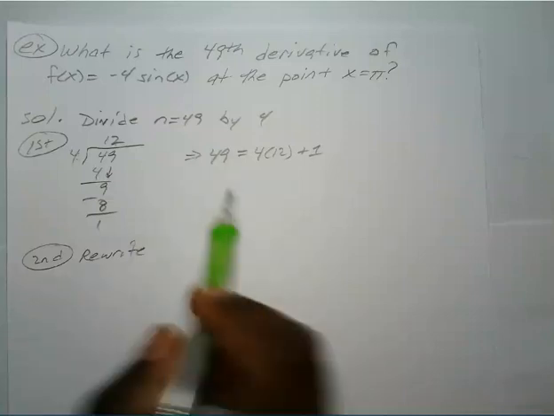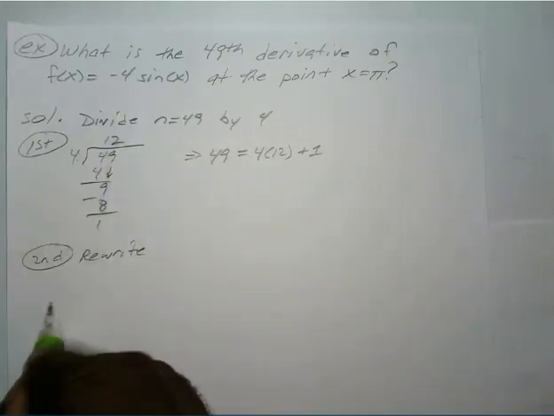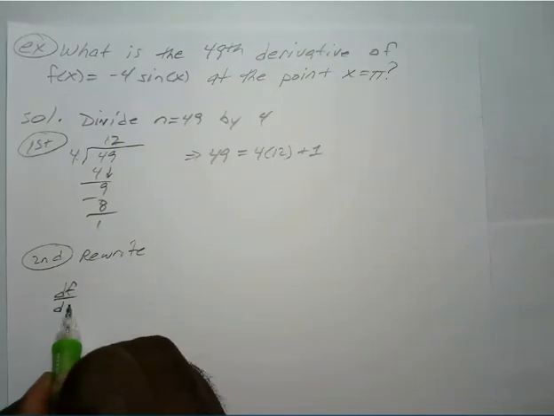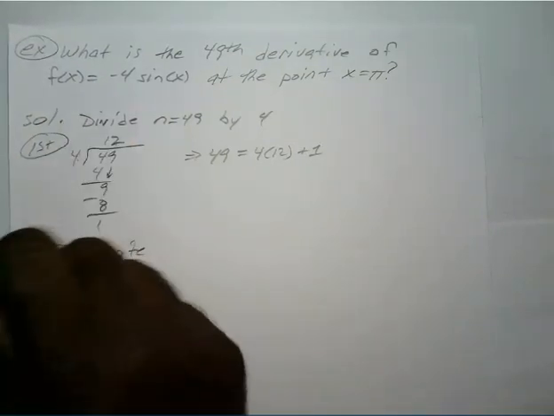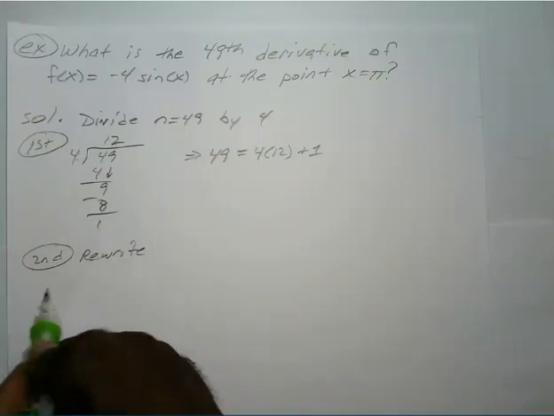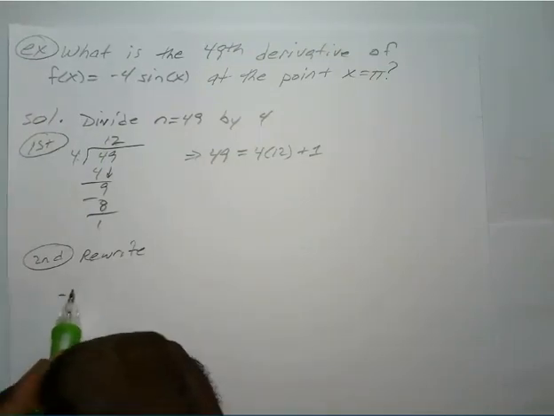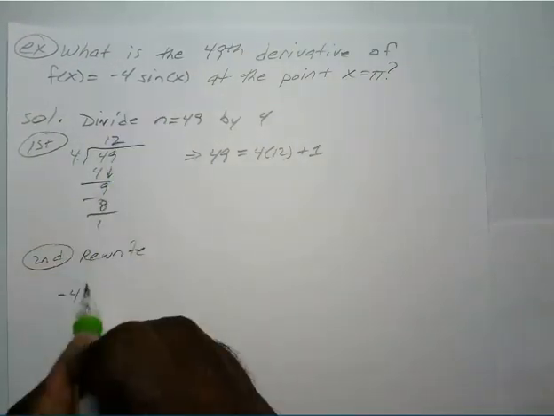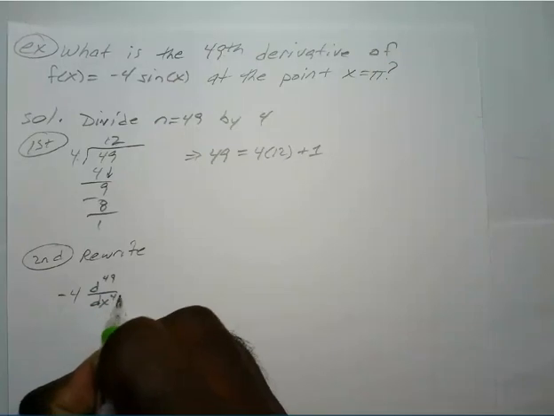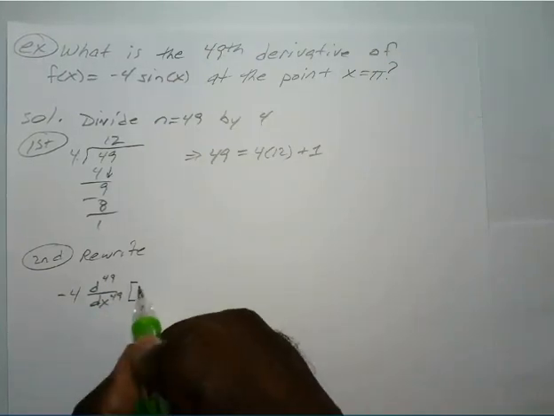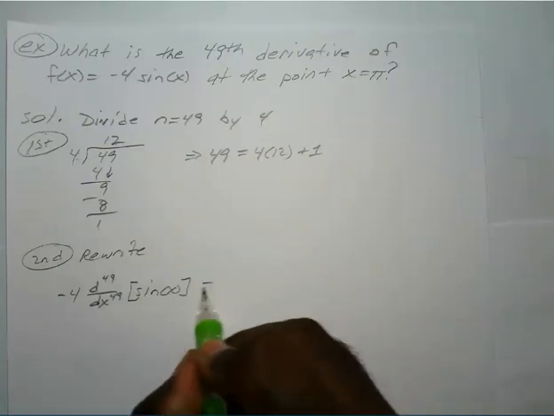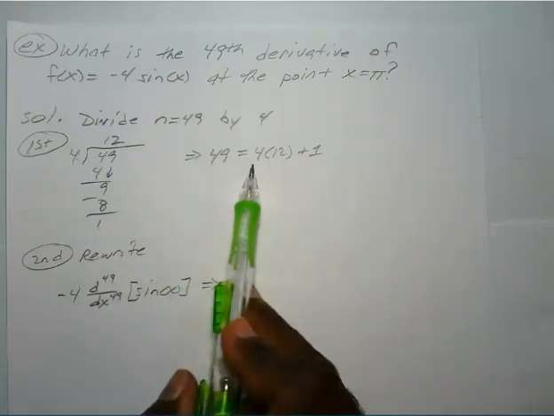So you have -4 times the derivative of f. Well, I'll go ahead and write out the whole thing and not take shortcuts. So we know that the -4 times the 49th derivative of sine of x, we're going to rewrite that using this.